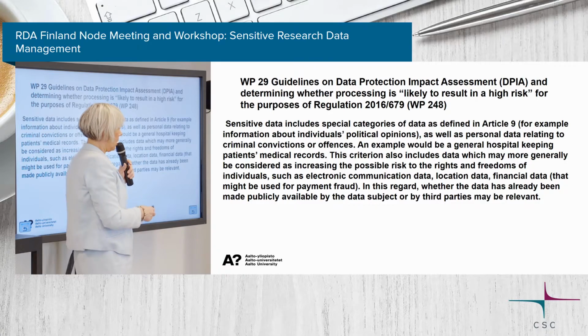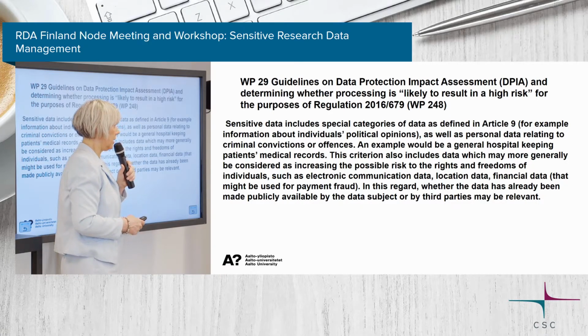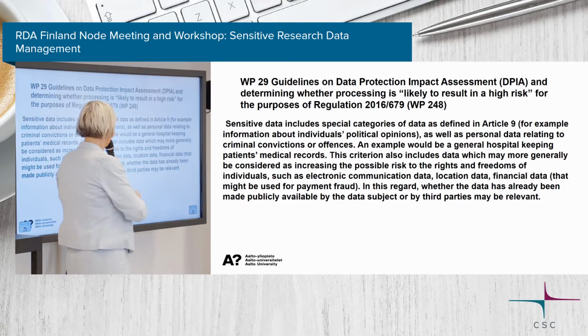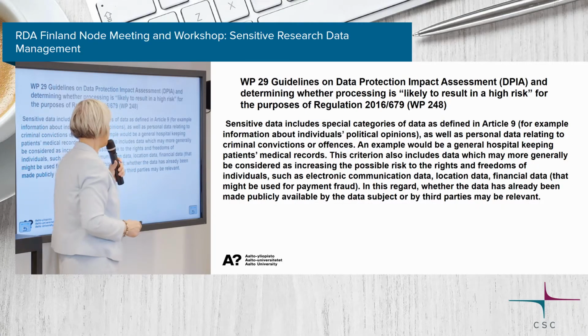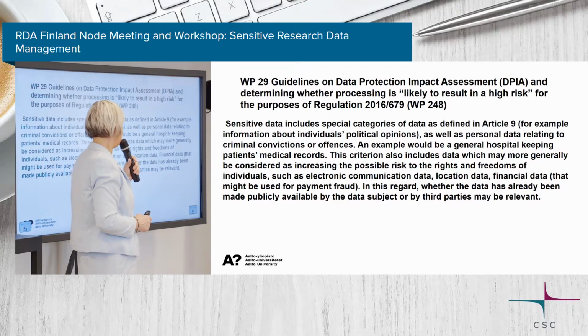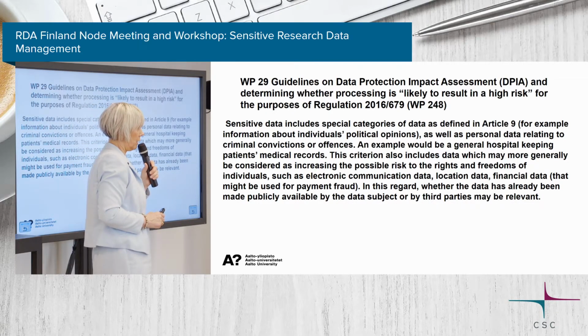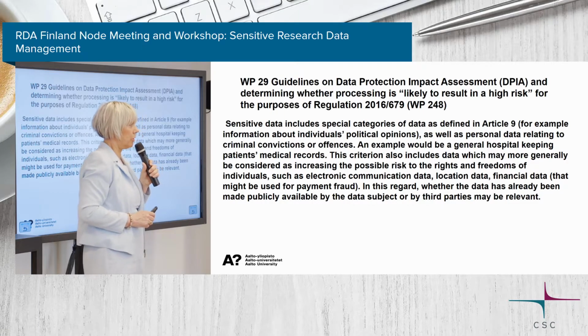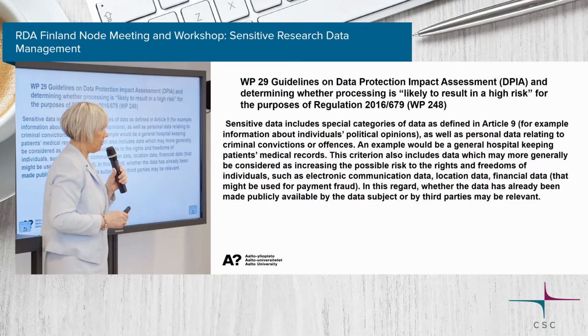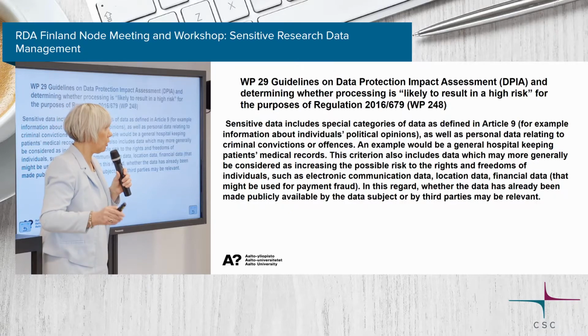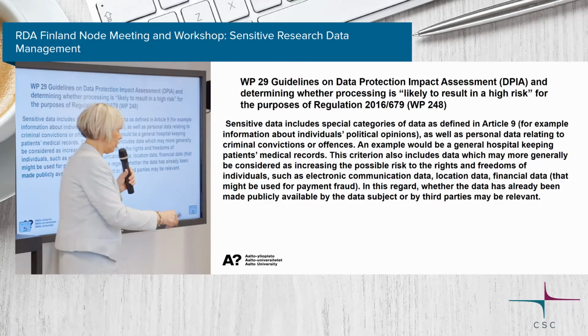For example, location data can be sensitive data, and in e-privacy, there are special rules. If you make an application with location data, the e-privacy directive tells you that you have to have consent for processing location data. Location data will give you the information if you go to church on Sunday, if you go to gay bars.